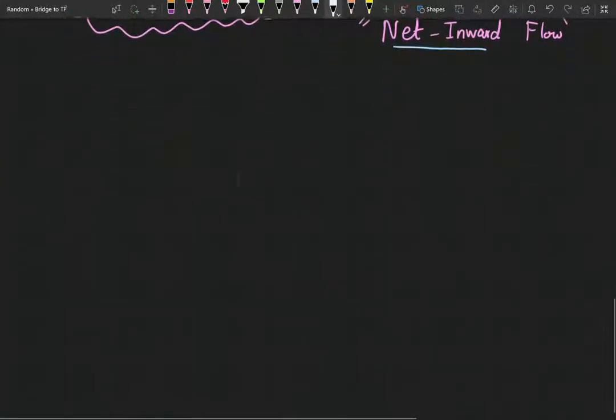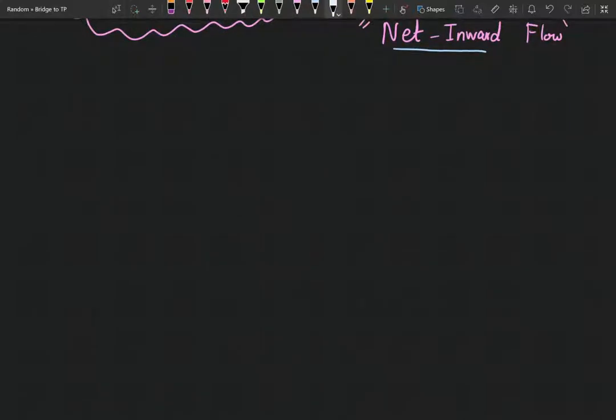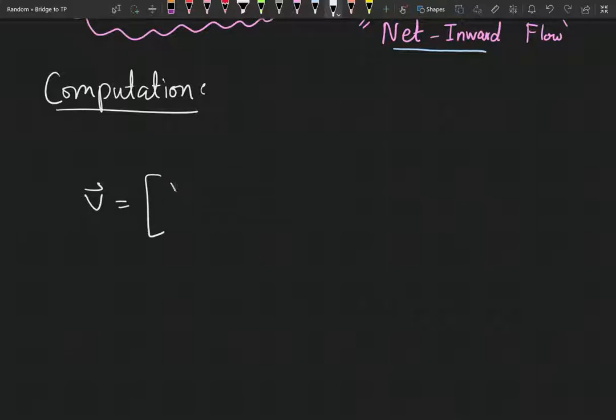Now just to give you a feel for the operation itself. We're just going to talk about the computation, how to use the operator. So let's say you have the vector field Vx, Vy, Vz, and the nabla, the del operator, we've talked about this.